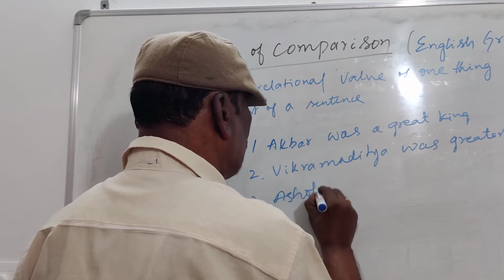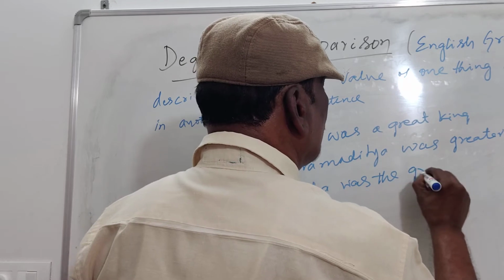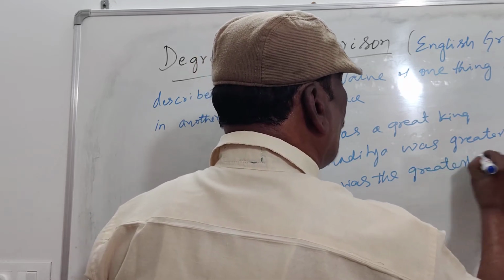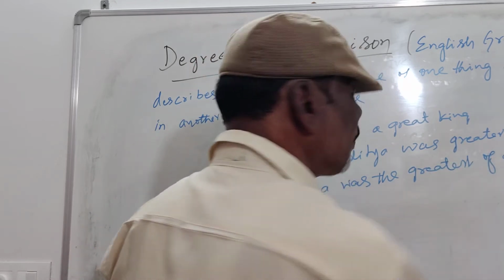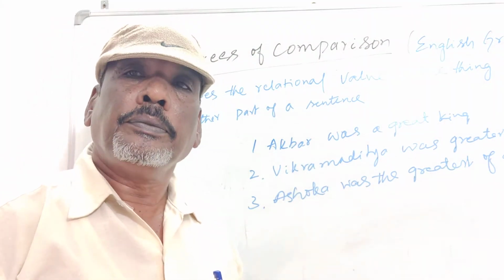Ashoka was the greatest of all. Just see the three sentences that I have written.